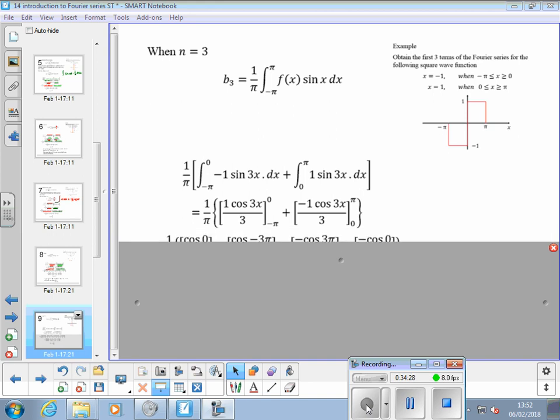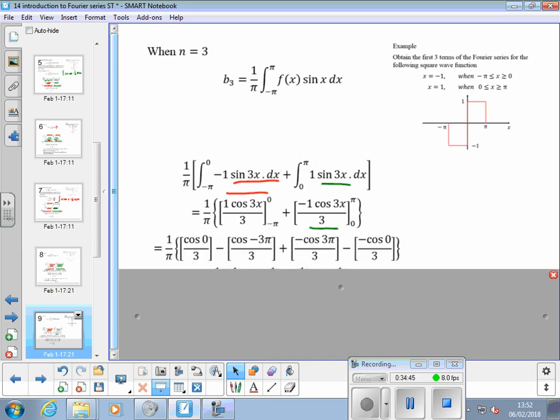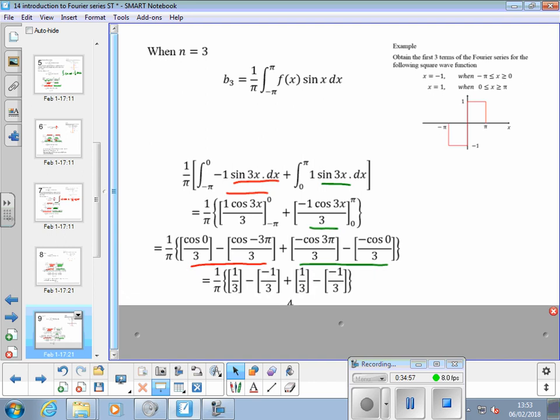So we end up with these two terms coming from each other, these two terms coming from each other, and the only difference is that 2 has been replaced by 3. Again, we write out the definite integrals in full. Evaluate the cosines on top. They all evaluate either to 1 or minus 1.